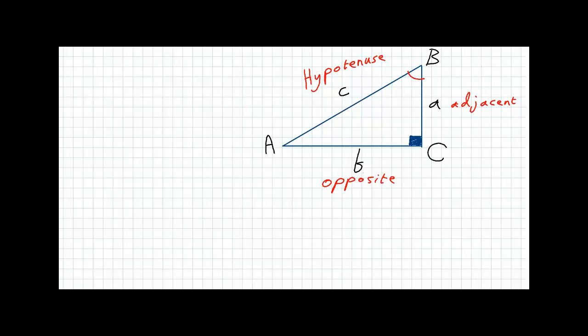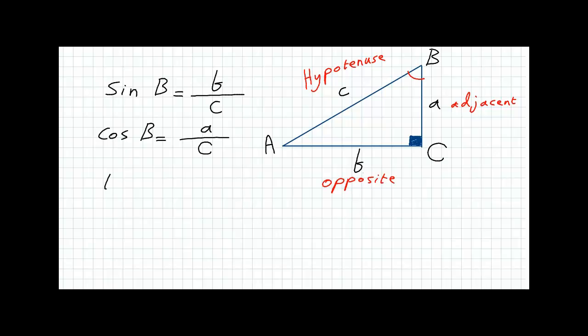So if we want to find the sine of angle B, this is going to be equal to the opposite side, which is b, over the hypotenuse. And if we want to find the cosine ratio for angle B, this is going to be equal to the adjacent side of angle B over the hypotenuse.